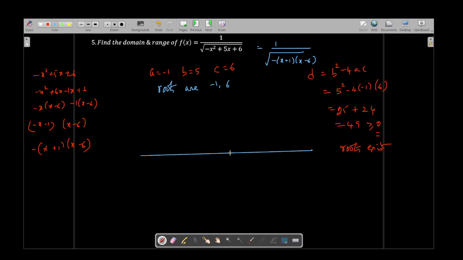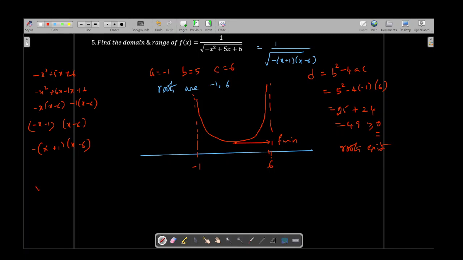So what is the domain and range? We have -1 and 6. At -1, if you put -1, this becomes infinity. So it comes down, and at 6 it also goes to infinity. This is how the function looks. We need to find this point, which is f minimum.